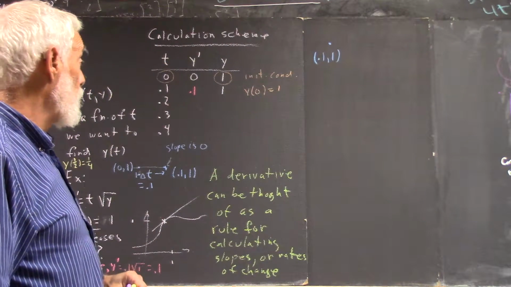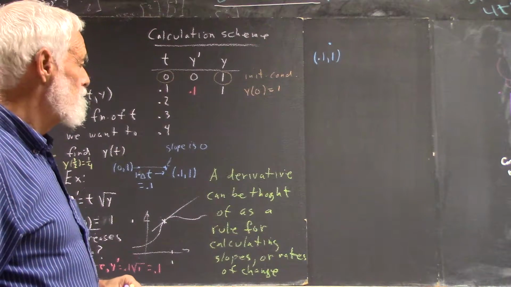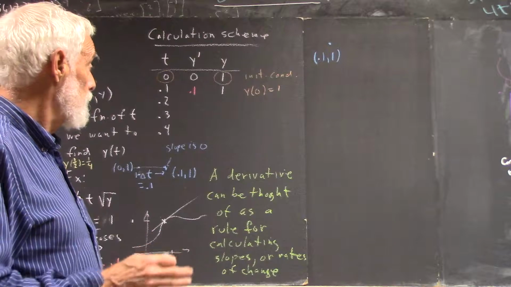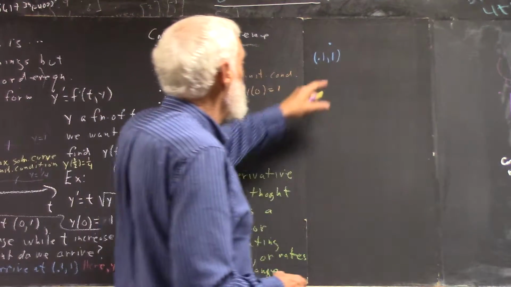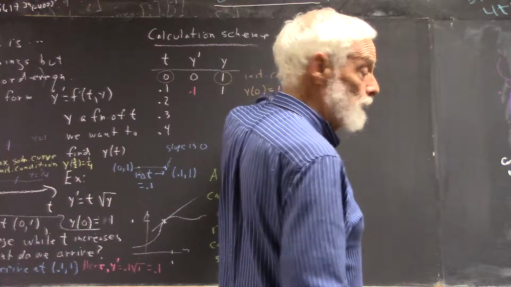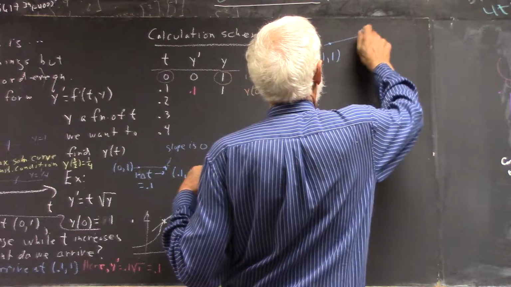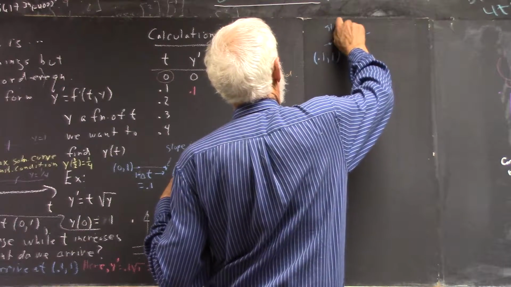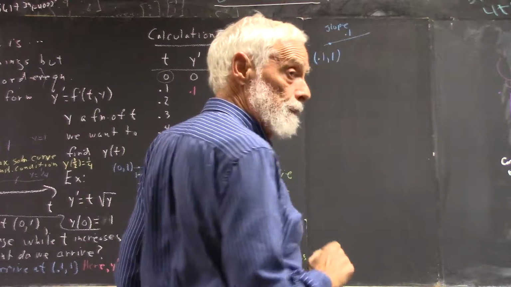By how much does the y value change? 0.1? Good guess, but what's the reasoning? Well, to flesh out this picture, you now have a slope of 0.1, right?